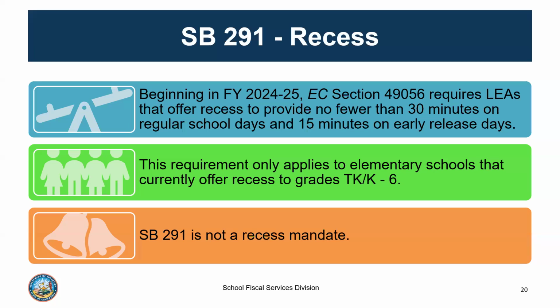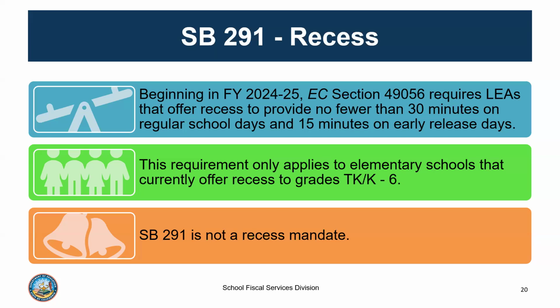EC Section 49056 requires public elementary school LEAs that offer recess to provide at least 30 minutes on regular instructional days and at least 15 minutes on early release days.